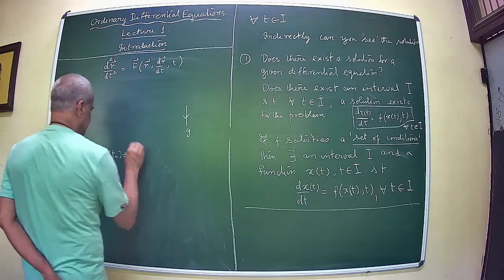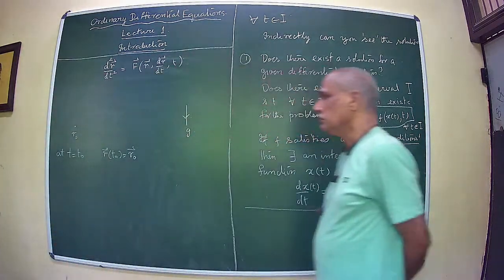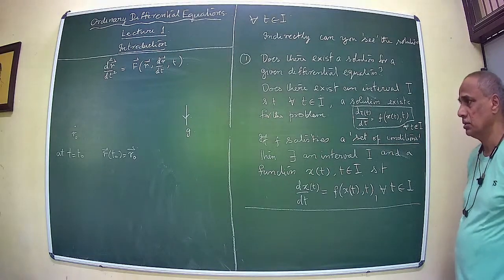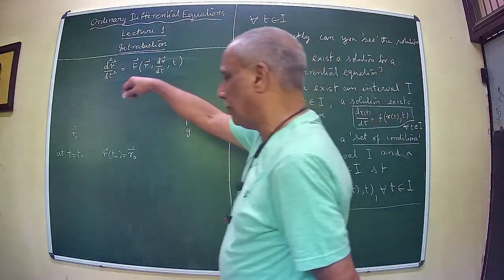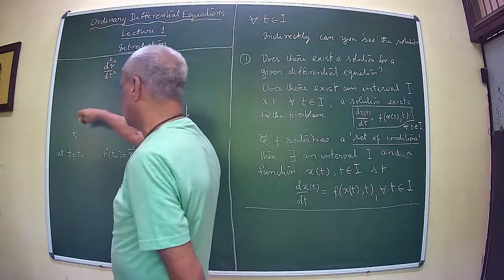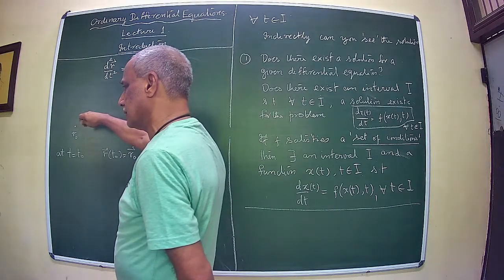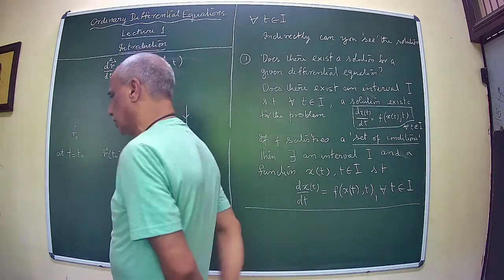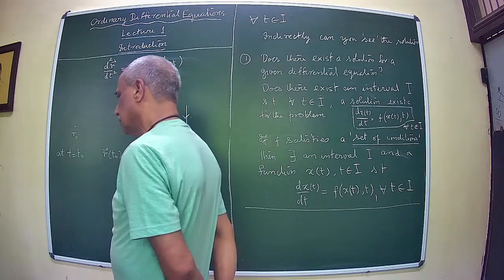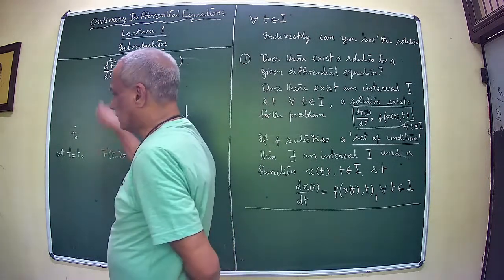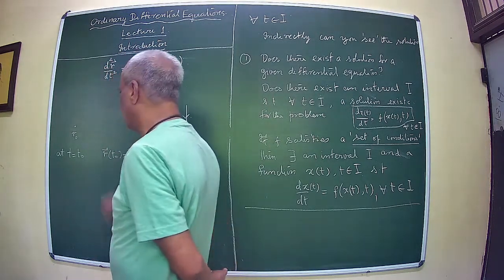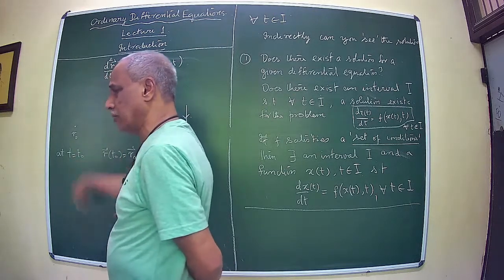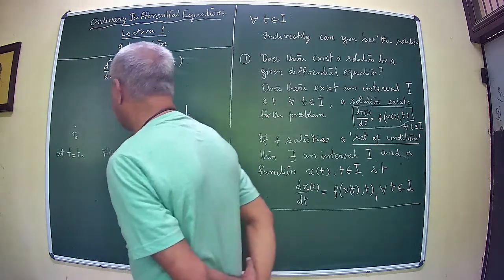This is the initial position. Suppose you allow the particle to be at that place at time t equal to t0, then it takes a particular path depending on what velocity, if you allow it to drop or something like that.